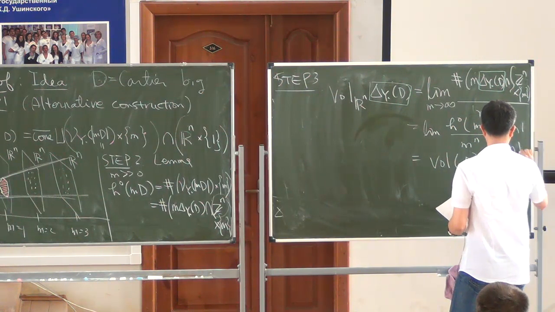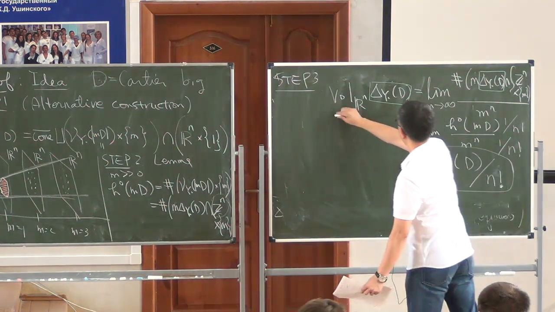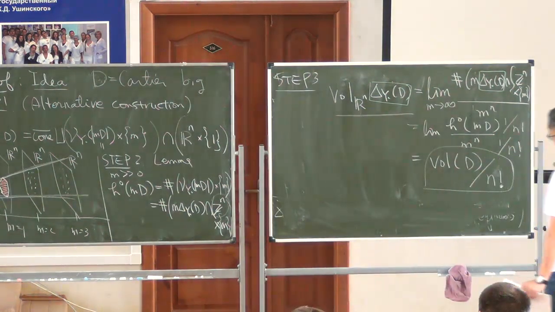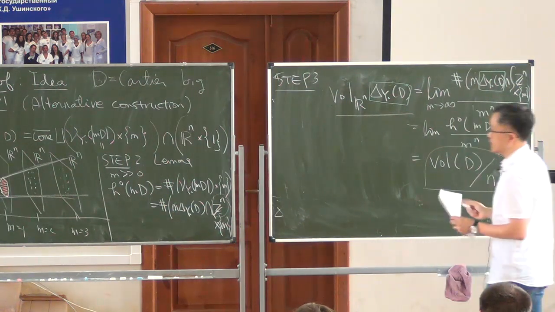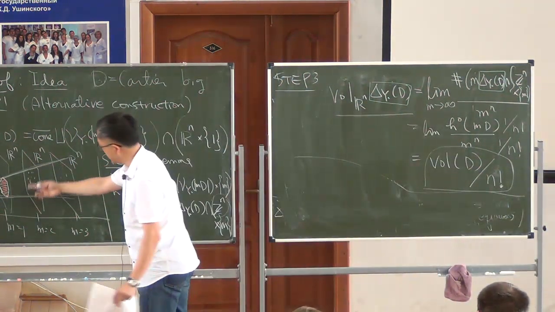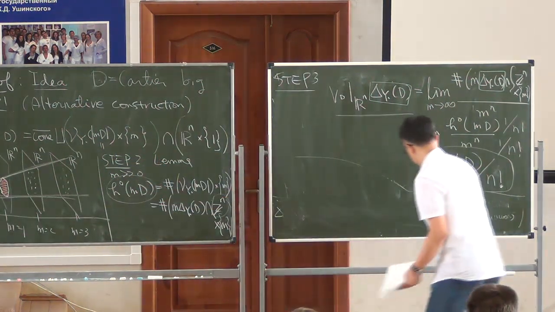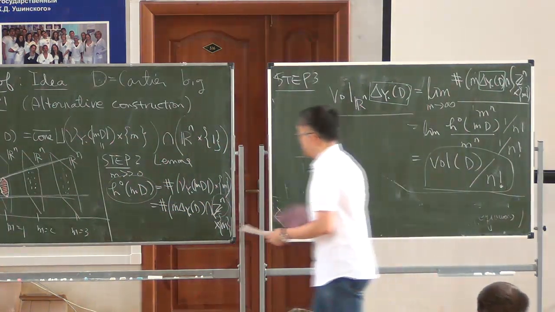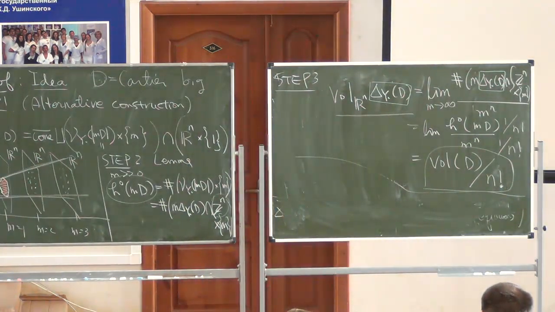Sorry. Okay, so this is what you do. Okay. So this is the main idea. So here the number of points is actually equal to the H0. Okay. Any questions?